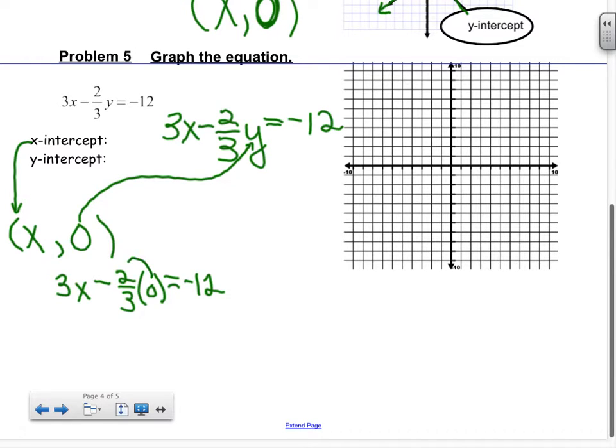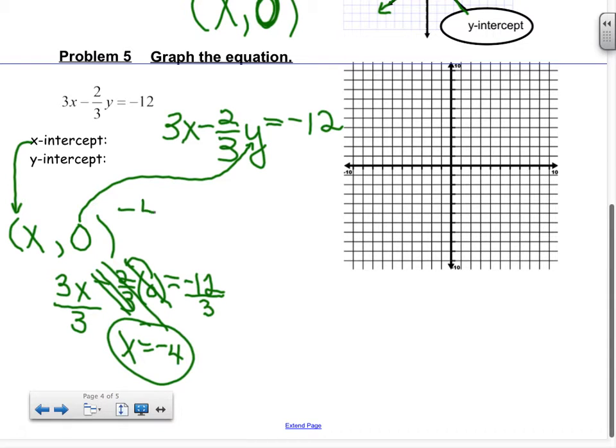Zero times anything wipes it out, so all you have left is 3x equals -12. Divide by 3 and you get -4. So the x-intercept is (-4, 0).